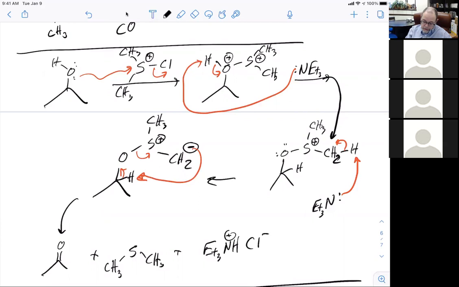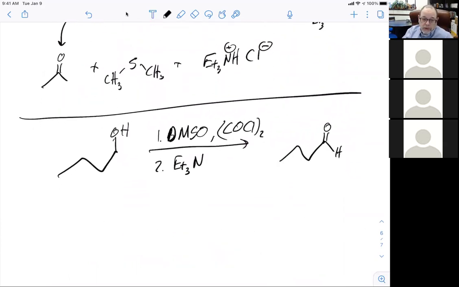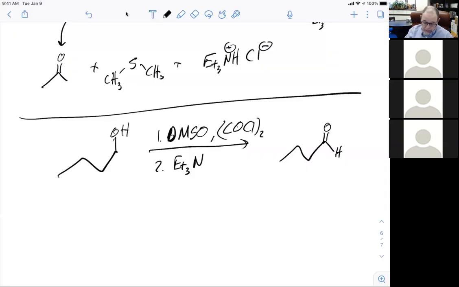Nice, clean, easy to work up. Don't have to worry about mercury, don't have to worry about chromium cleanup. Here we end up with just some gases and a salt. So it works with primaries, works with secondaries, nice, clean, probably one of the more favored reactions you'll see most real organic synthesis people doing.